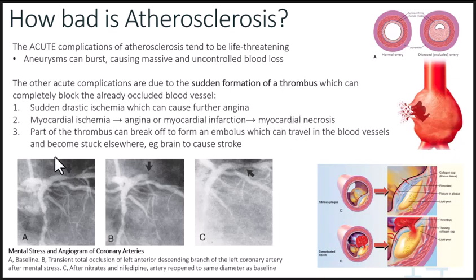I also spoke about how if part of this thrombus breaks off, it acts as what's called an embolus. You can think of an embolus as being a part of a clot that has broken off and is now traveling.